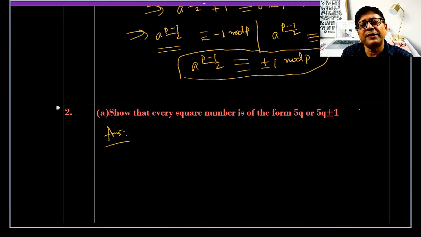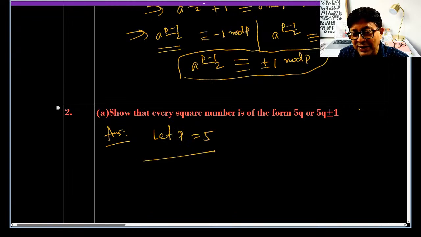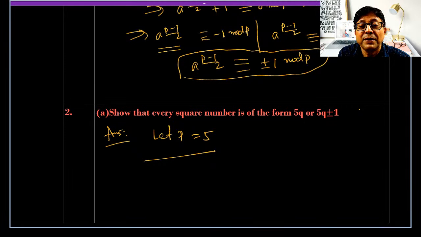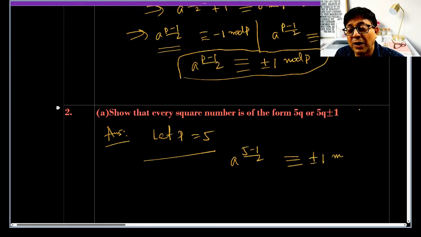You start in this manner. Let p equal 5. You can take anything, but why am I taking 5? Because (5 minus 1)/2 will give you the square. So you write a to the power (5 minus 1)/2 congruent with plus or minus 1 mod 5.